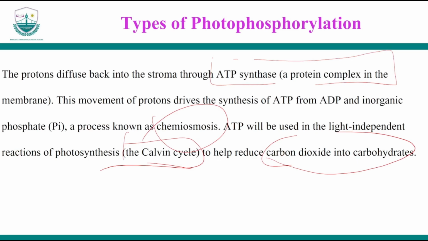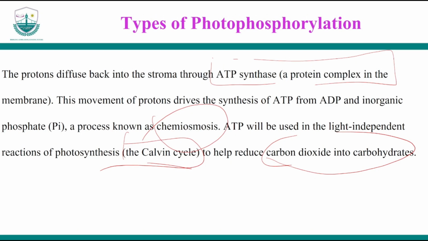This electrochemical gradient means it is possible for the protons to diffuse back into the stroma. Remember, they were being pumped out of the stroma into the thylakoid space.